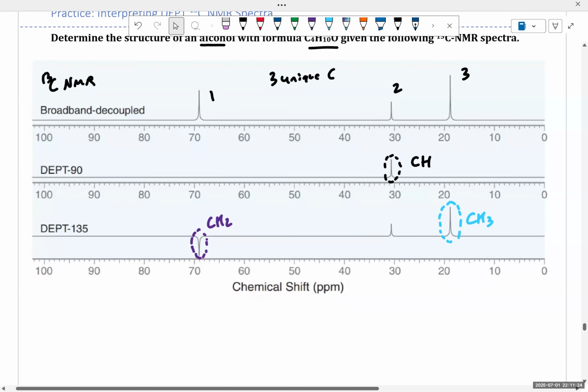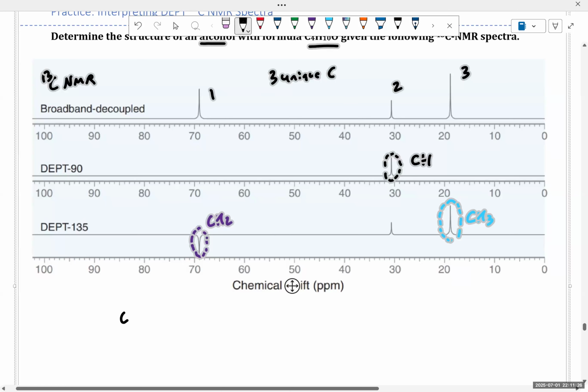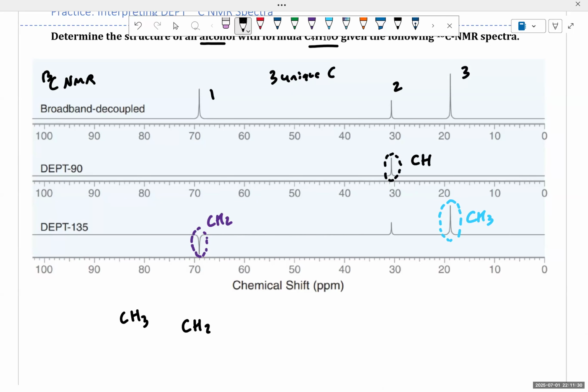And this carbon here is a CH3 carbon. So with that information in mind, we see we have a CH3 carbon. We have a CH2 carbon with a chemical shift of around 70, which means it must be attached to some sort of alcohol. And we have a CH group with a chemical shift of around 30.